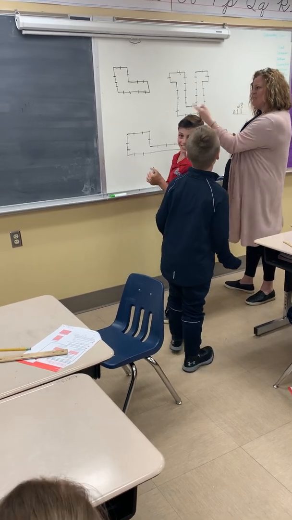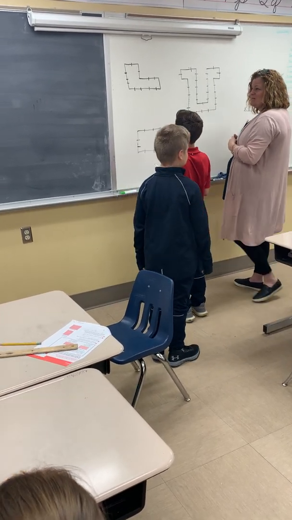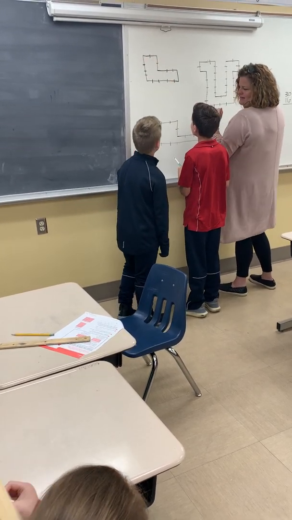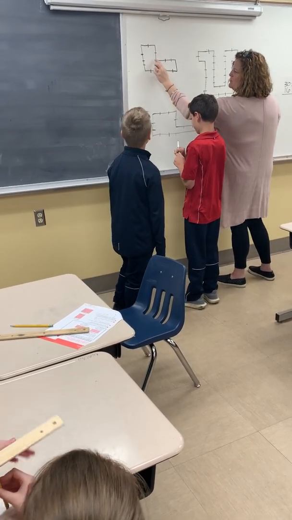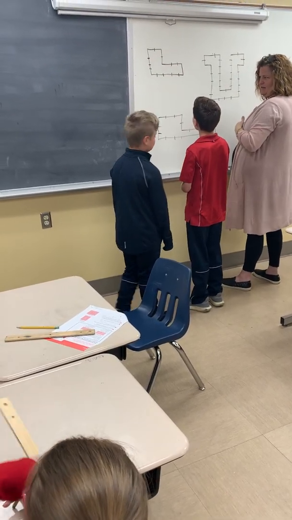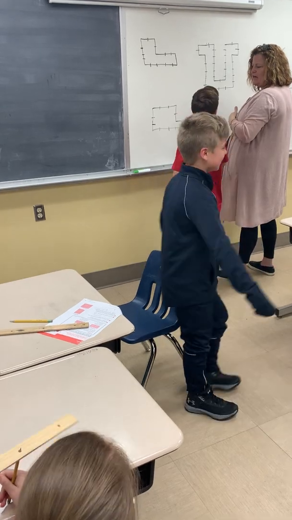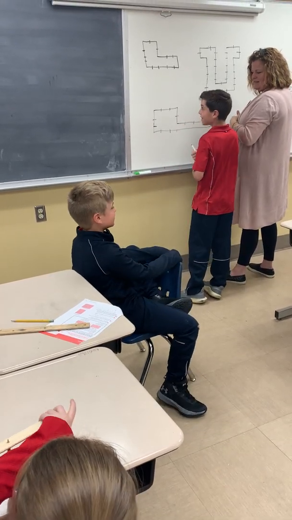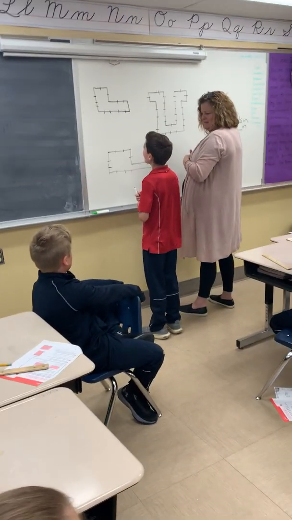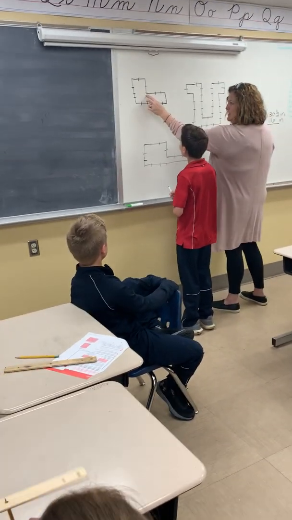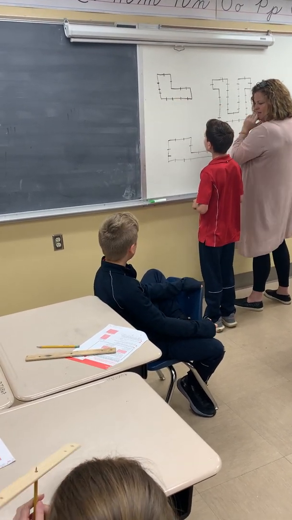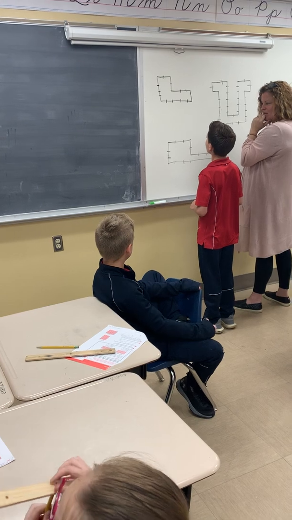Show him it can be 2 different units. Could we have one here and one here? Actually, we could do 3. How would we draw a line to separate those? Can you do that? Okay, do it.